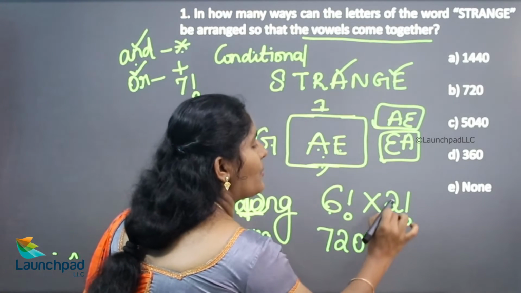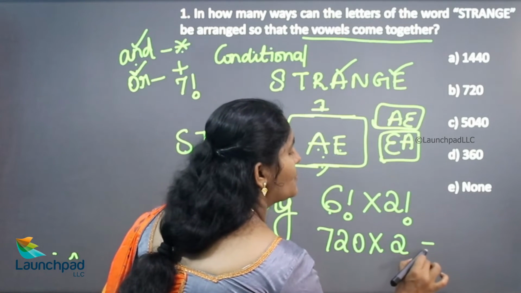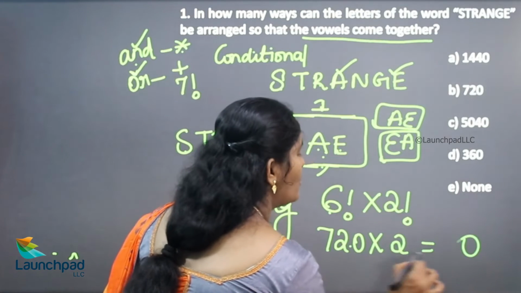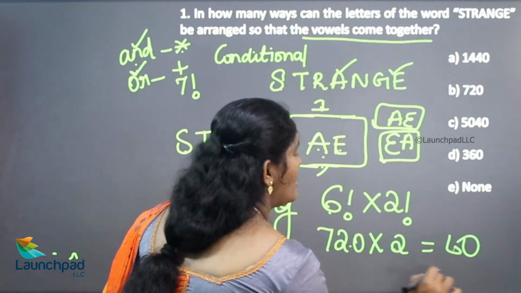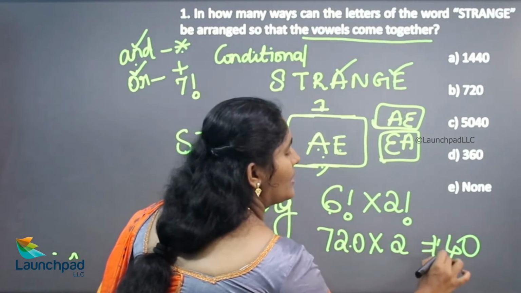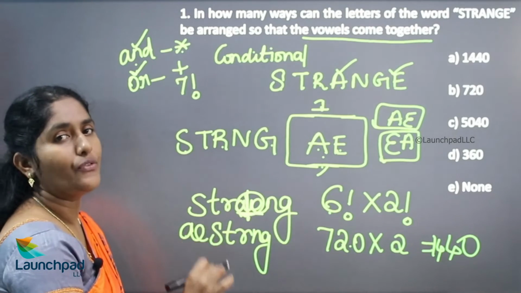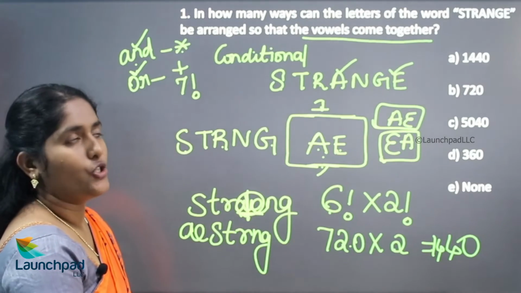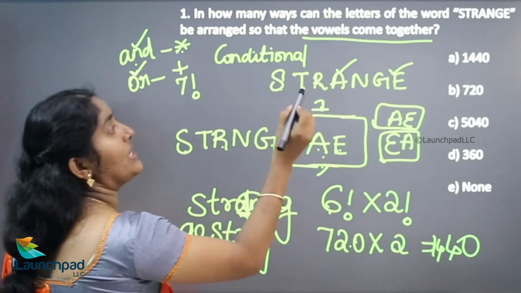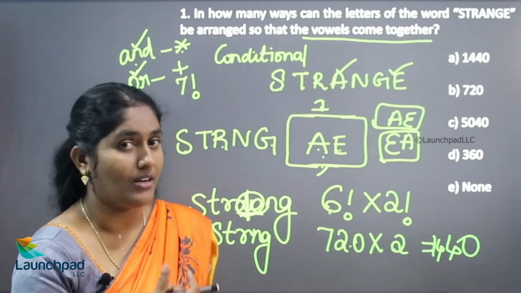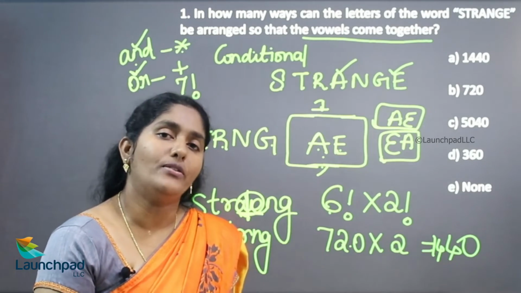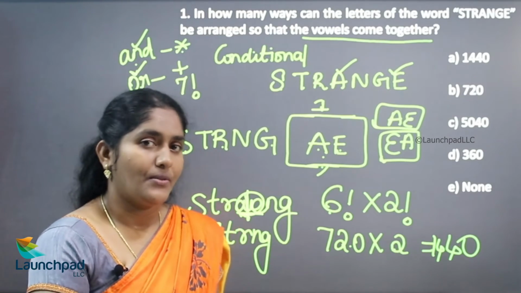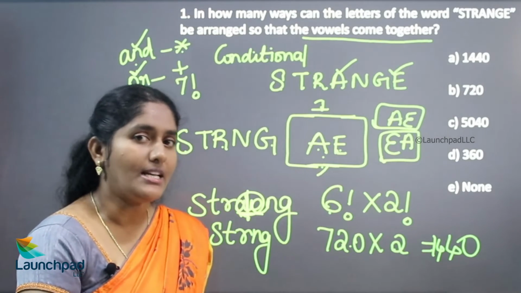What is 2 factorial value? 2. So 720 into 2 is 1440. So based on these conditions, we can arrange the given word in 1440 ways. Now we'll move on to the next question.